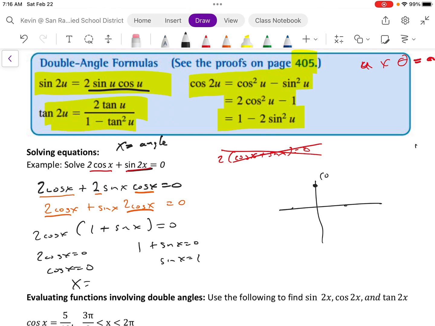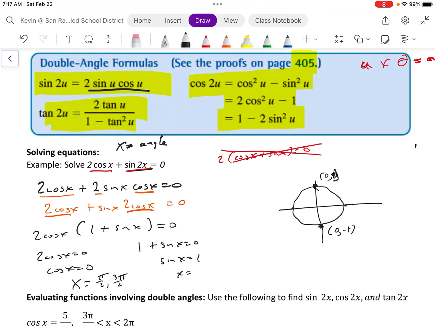Well, this is 0, 0, 1, this is our unit circle, and this is 0, -1. So what angle has a cosine of 0? Well, pi over 2 and 3 pi over 2.